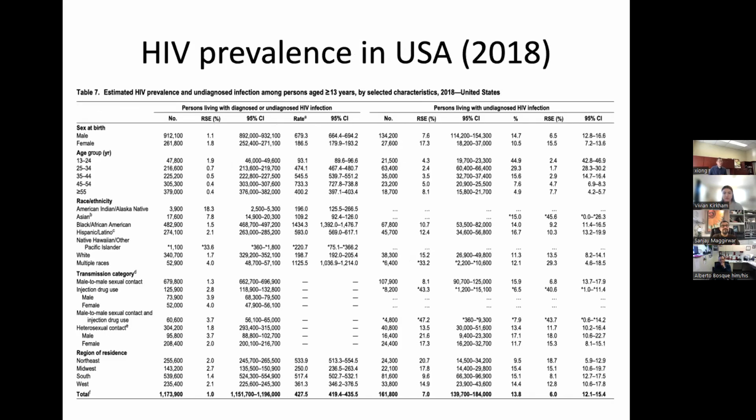Before I start, about 1.2 million people are living with HIV disease nowadays in the United States, and about 38 or 40 million globally.